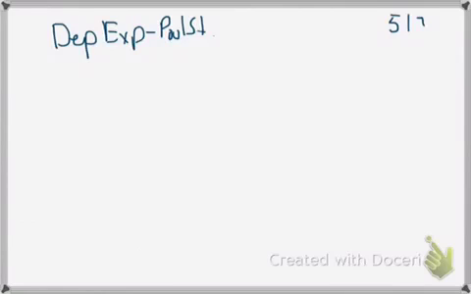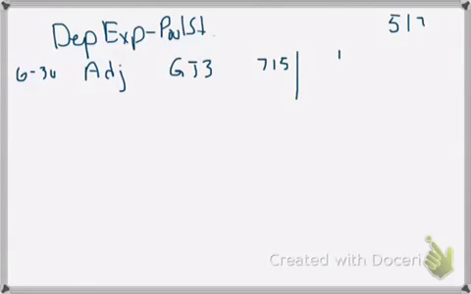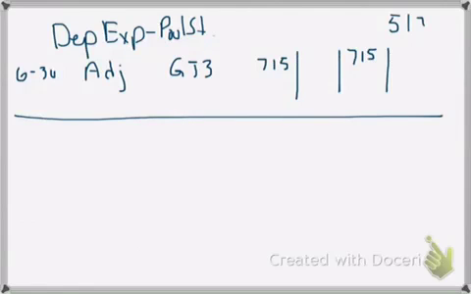With it, you'd have the date of 6/30. The item that you'd list there would be an adjustment. It is on page 3 of the General Journal, and it is for $715 in that debit column. And so the debit here would be $715. The other side of this particular entry would be the accumulated depreciation.